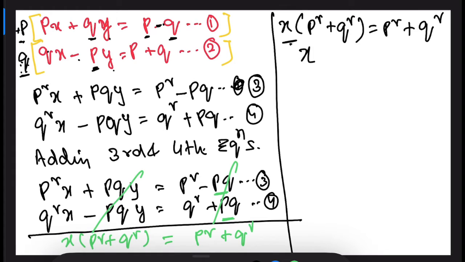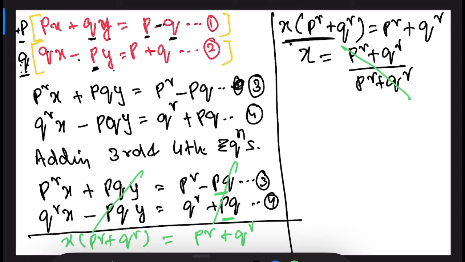Okay, x equals p square plus q square, and this relation, no sign means multiplied, so here it will become division, p square plus q square. Both get cancelled, so x equals 1. Okay, what has come? x equals 1. The x value has come 1.